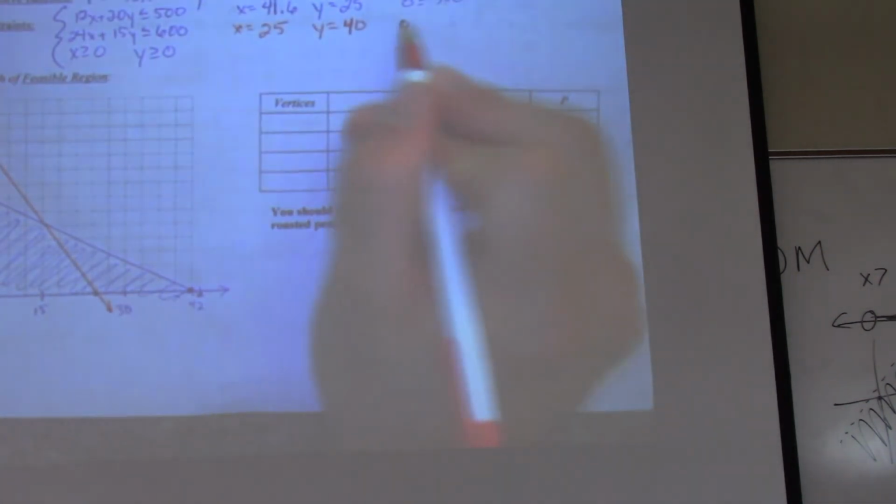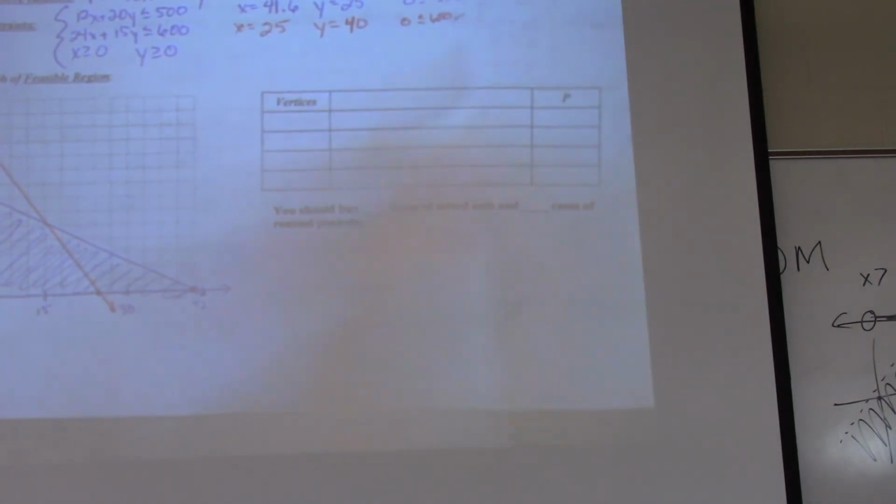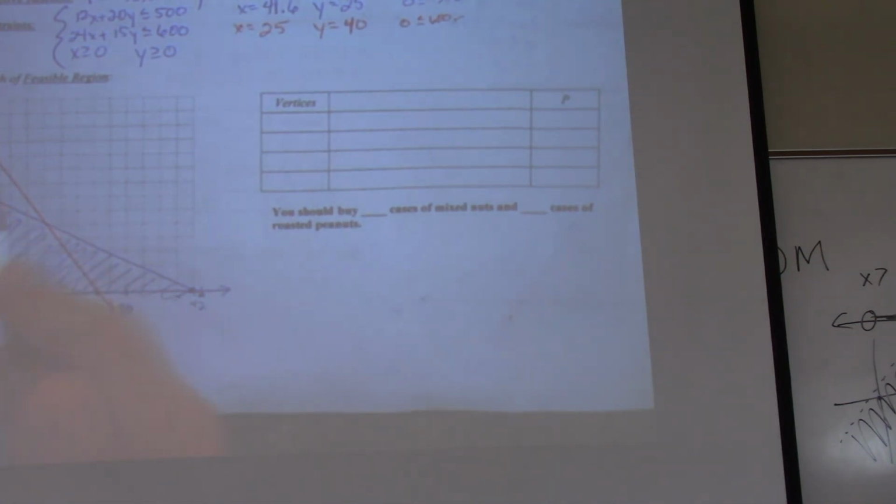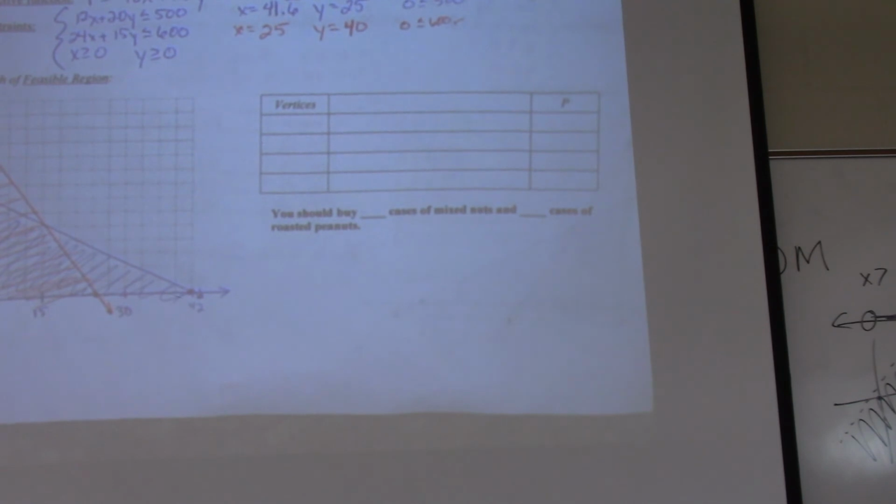And again, 0 is less than or equal to 600 works, so I'm going to shade the red one down as well. And there you can see your double shaded region, which I'm going to color in a little darker. Be careful that you don't go too far.